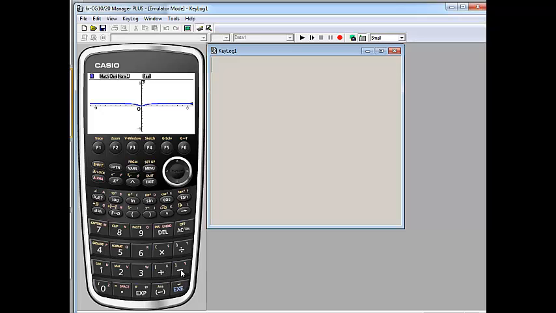Even if I zoom out, at about 40 and 40, it still looks flat. Even at 75 and 75, it still looks flat. So you've got to be real careful. You think you're looking at the graph, but at about 150 and -150, you see it starts going down.